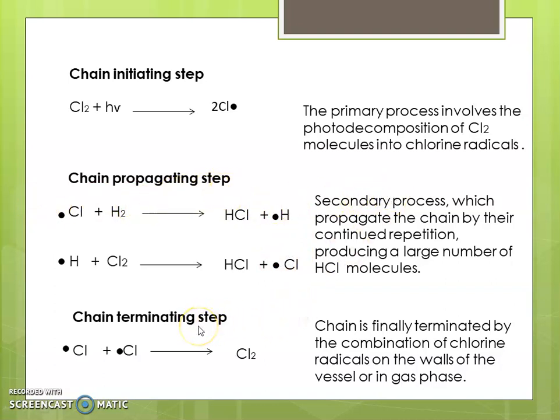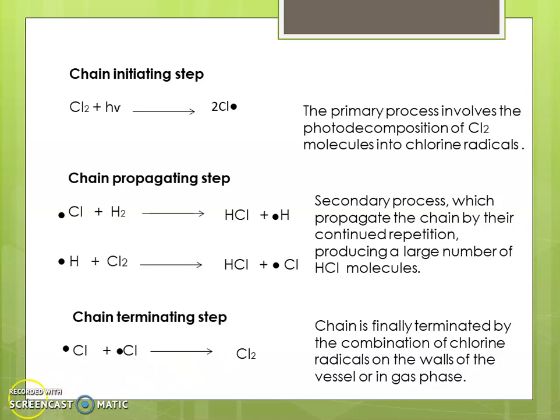And finally, chain terminating step. That is, Cl radicals combine to form Cl2 molecule. That is, the chain is finally terminated. The ending of the chain reaction is through the combination of chlorine radicals on the walls of the vessel or in gas phase, by forming chlorine gas.